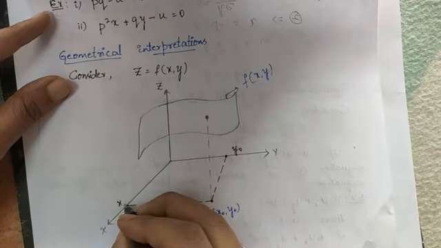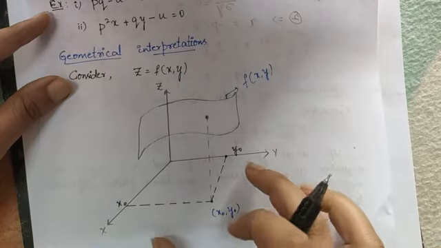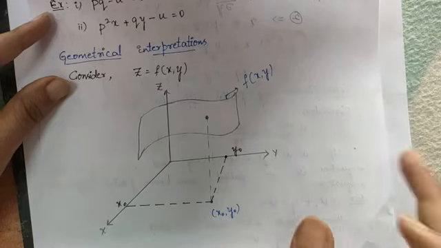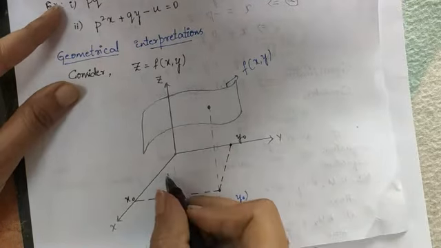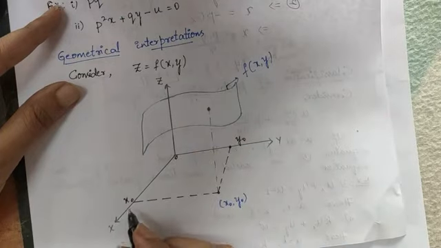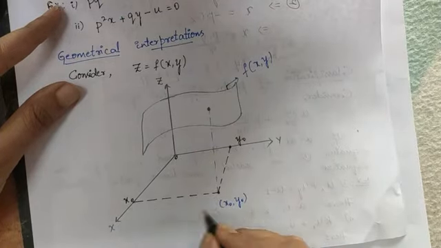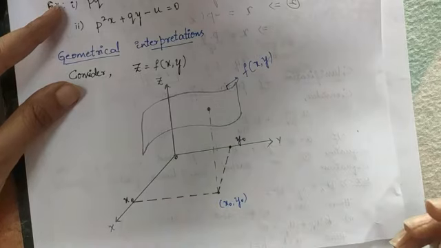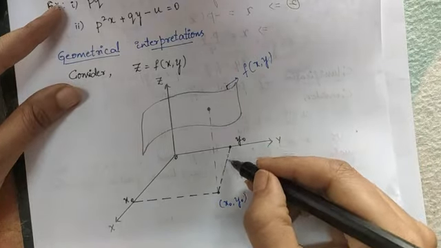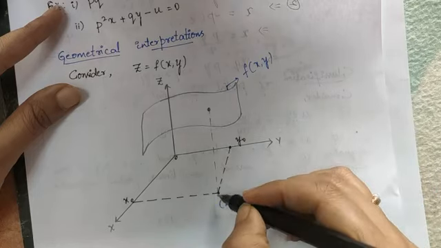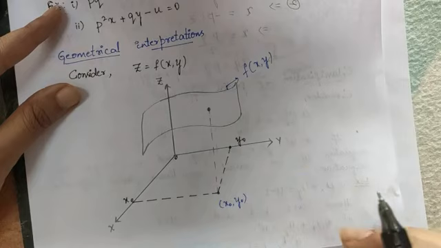This is x0. So we are getting two components here, one is the x component, another one is the y component. If you carefully observe, here x0 is constant and y is varying. When it comes to the x component, y0 is constant and the value of x keeps on changing.